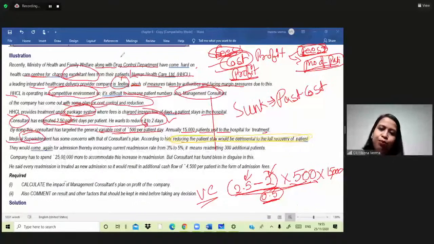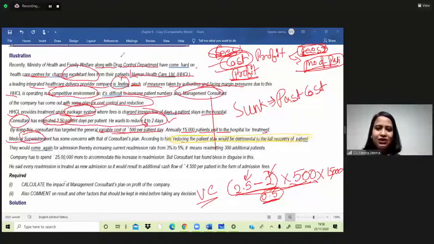In this way, it might happen that the patient you have removed from the hospital will not be fully recovered from the disease. You know the patient is not fully recovered, he needs more time to stay in the hospital and take medication and treatment, and you ask the patient to go home.